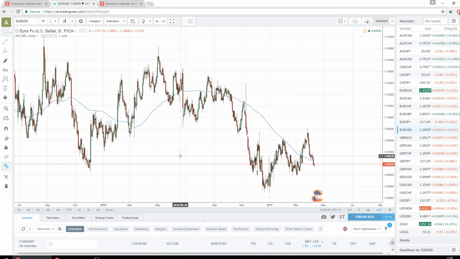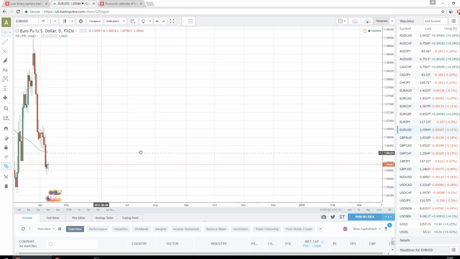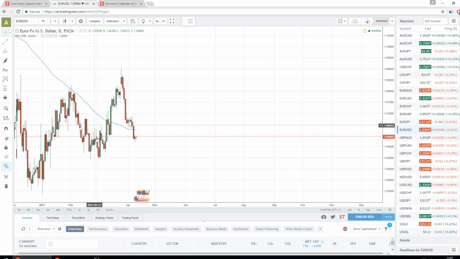It won't catch the current changes in price, but it will be more exact and precise in showing the trend, and it can be a good helper in your trading.